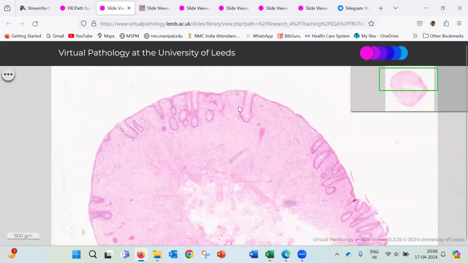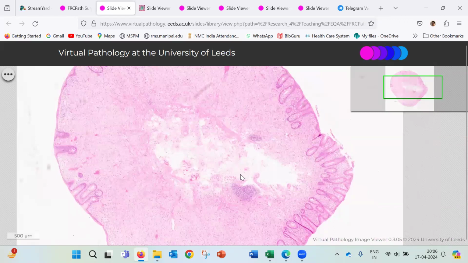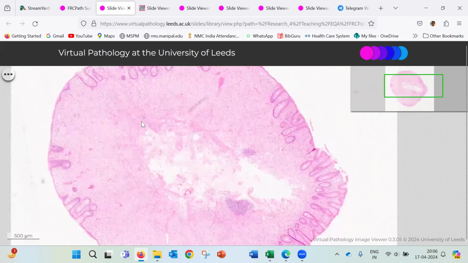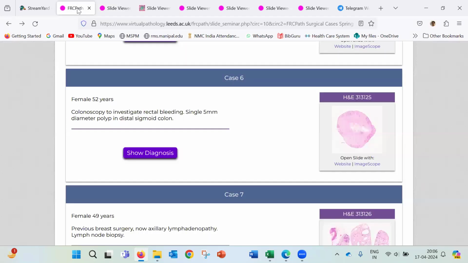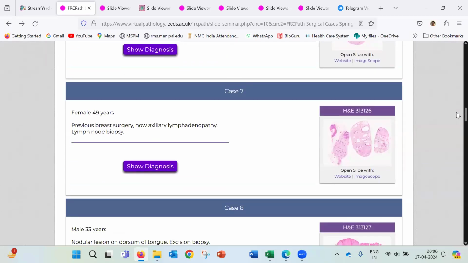So you say that it is completely excised, it is a benign thing, and it doesn't have any chance of recurrence, and the bleeding could have been because of the polyp, and once the polyp has been removed, the clinical symptoms should alleviate. So this kind of prognostic information will be marked accordingly.